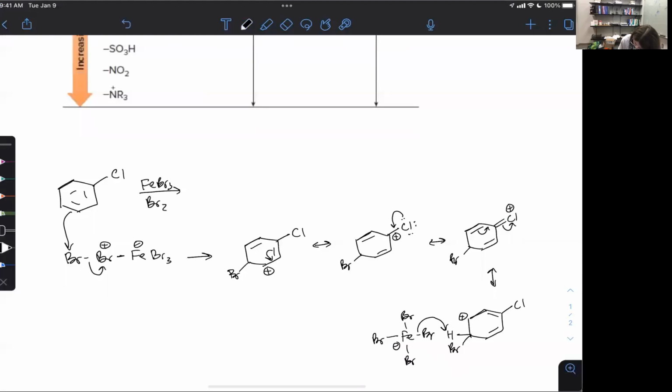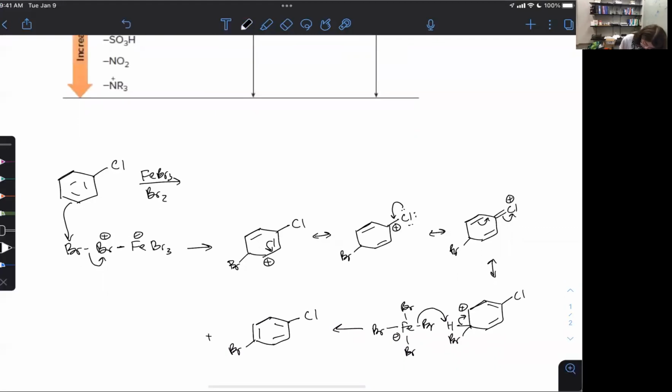Okay, so we're going to form HBr, make our benzene ring again. And then we get to our product, okay? You'll also form the ortho. Okay, so we're going to end up getting both the para and the ortho.